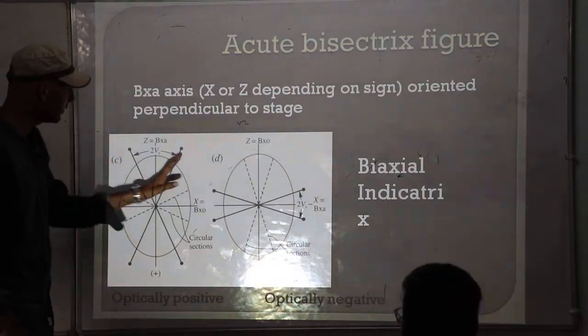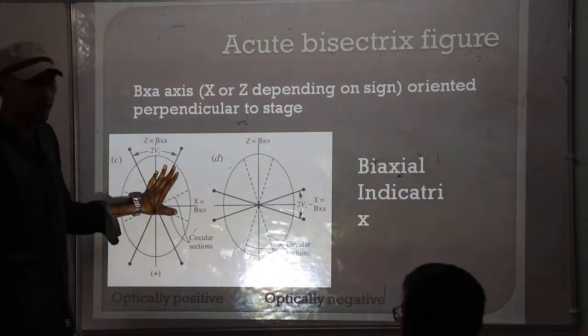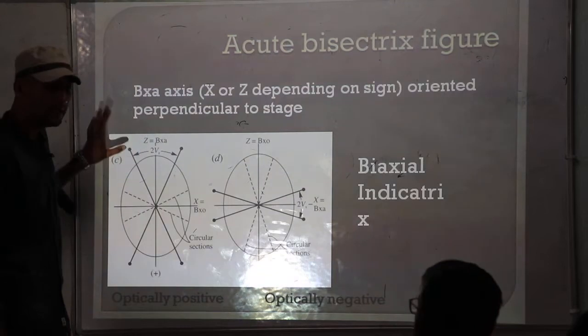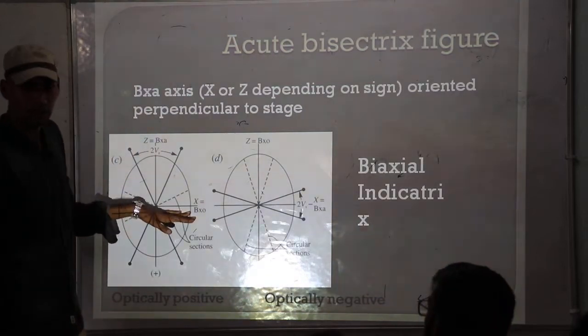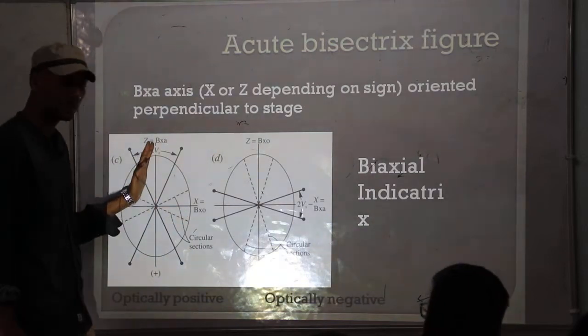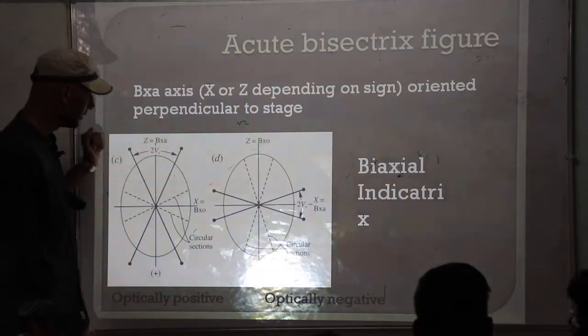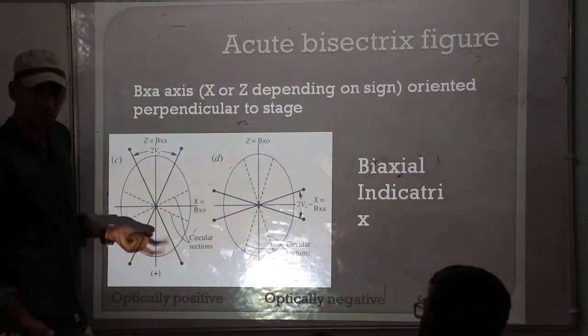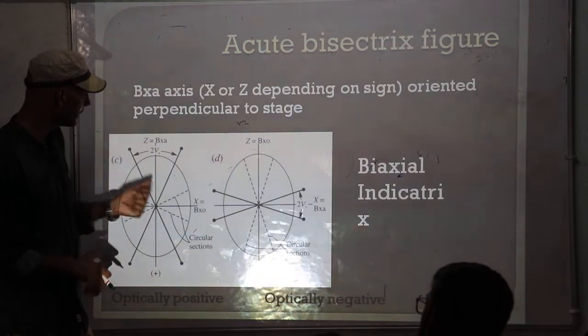You can see these are the two optic axes, and I have already discussed in previous class that X is minimum refractive index, that is fastest vibration direction, Z is slowest, so highest refractive index, and intermediate is Y, and Y is perpendicular to XZ obviously because the coordinate axes are mutually perpendicular.